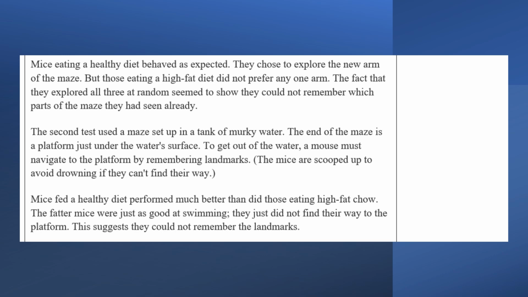Mice fed a healthy diet performed much better than did those eating high-fat chow. The fatter mice were just as good at swimming, they just did not find their way to the platform. This suggests they could not remember the landmarks. Okay, go ahead and comment right here about what we just read.